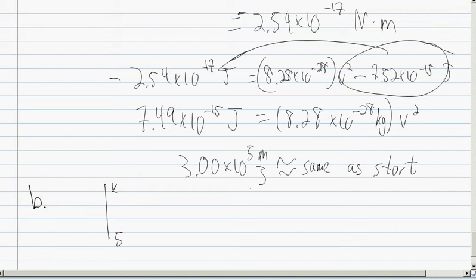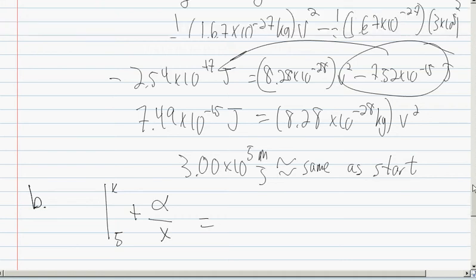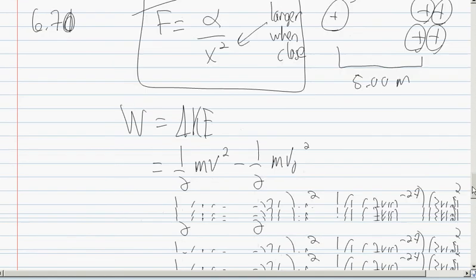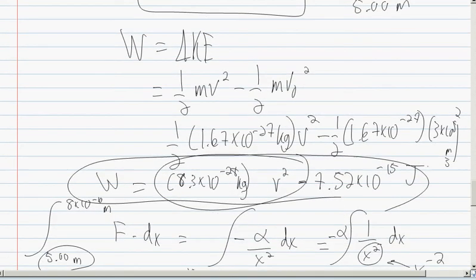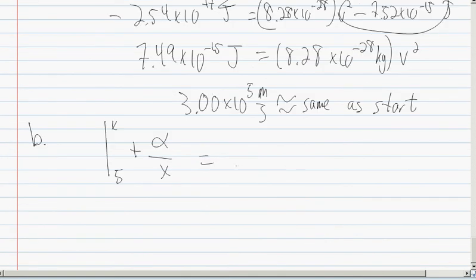Okay. From 5 to x of minus, no, we said plus, didn't we? Alpha over x is going to equal enough energy just to stop it. It's going to equal this energy here, negative 7.52 times 10 to the negative 15 joules, because it's going to be 0 when it's stopped. And let's see what that is.